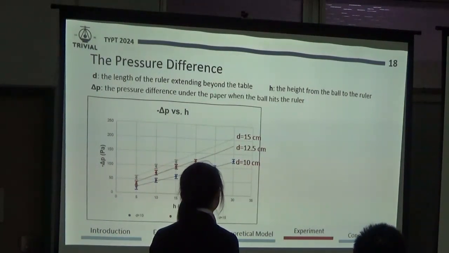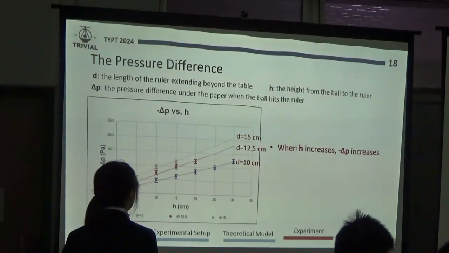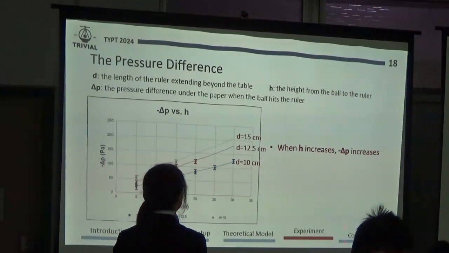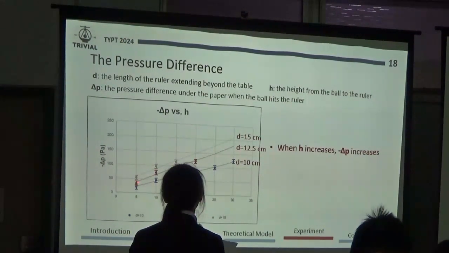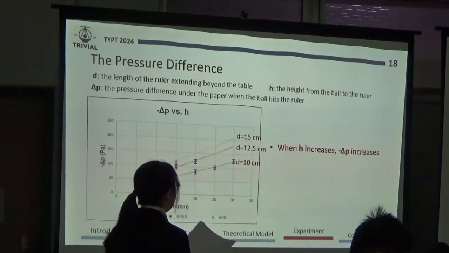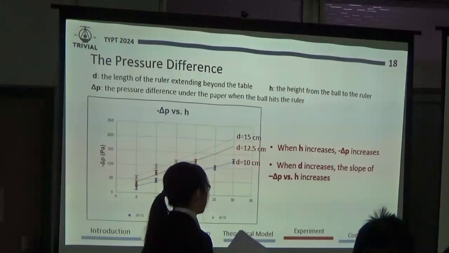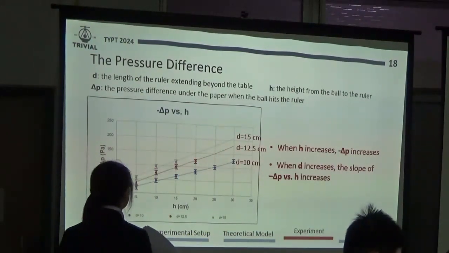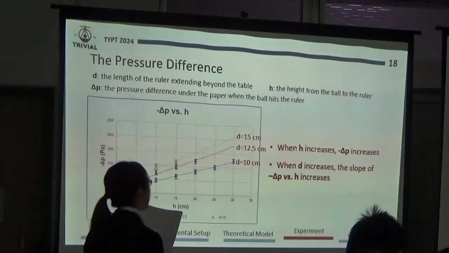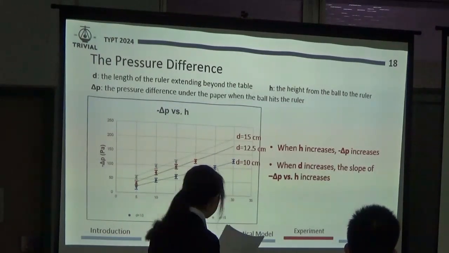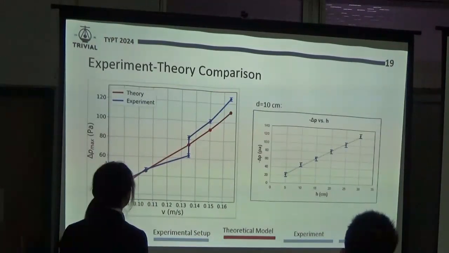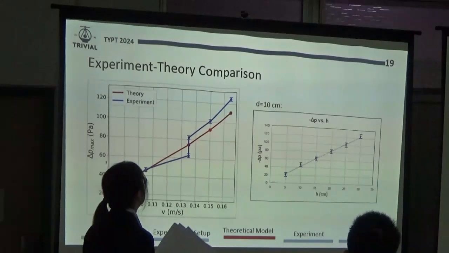Okay, so in this diagram, we can see when H increases, the pressure difference also increases like this. And when D increases, the slope of pressure difference versus H also increases, as the diagram shows.